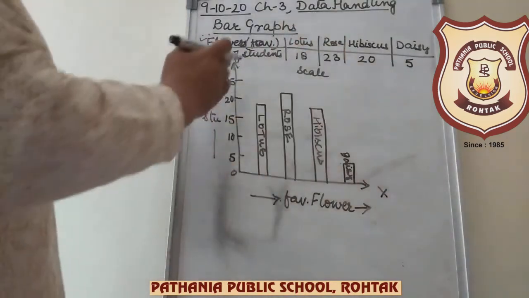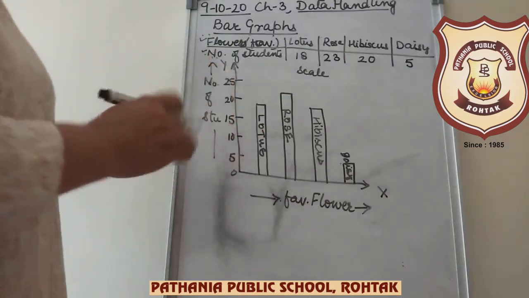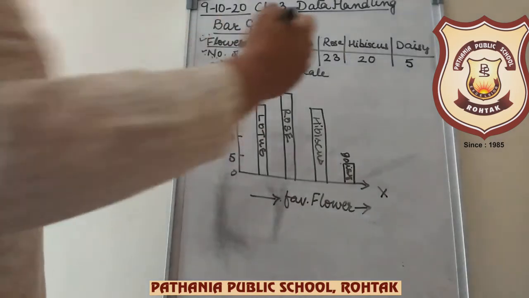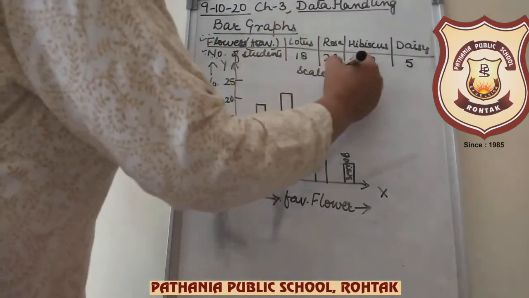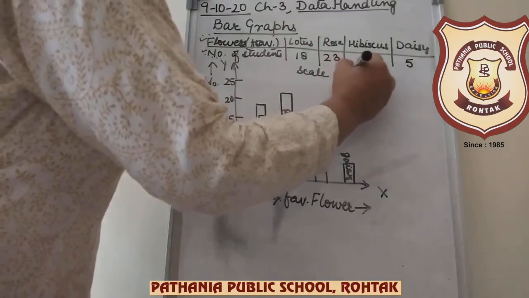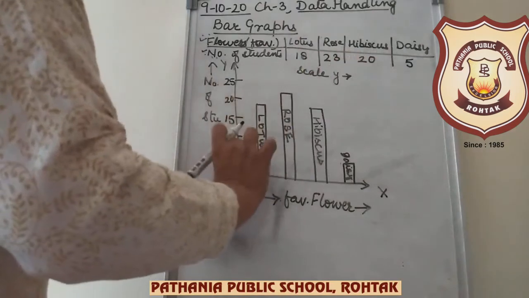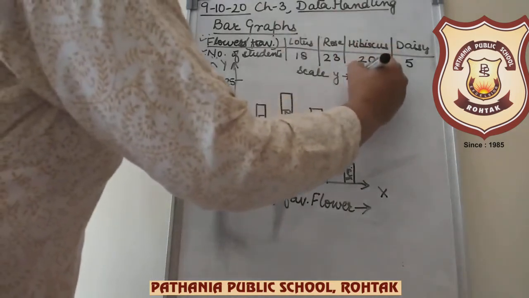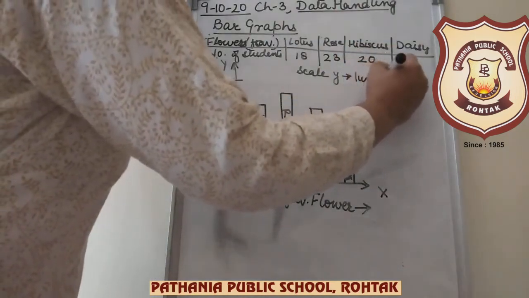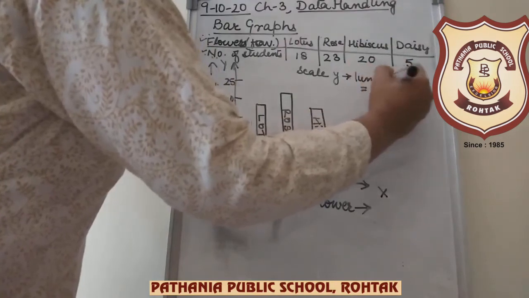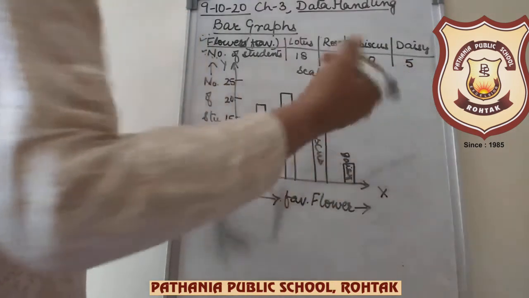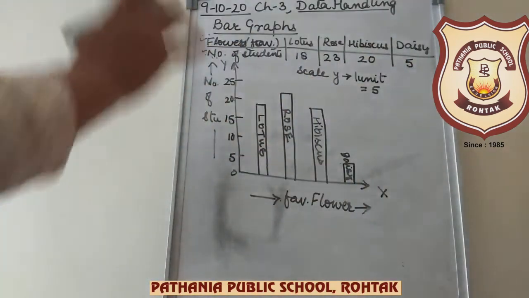Scale means for the numbers, what scale you have used. You have used the scale only for the y-axis, which represents 1 unit. This is 1 unit I have taken. 1 unit is equal to 5 flowers, or you can simply represent 5.